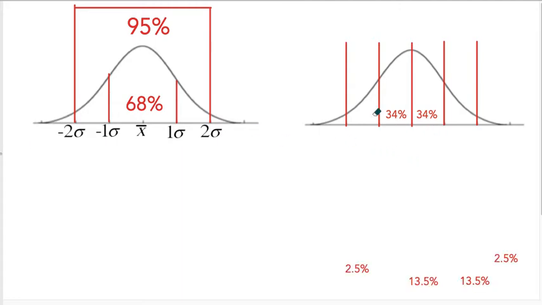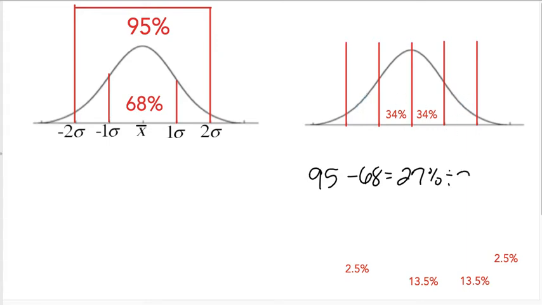And then moving on, we can say, okay, if this whole chunk was 95%, we could take 95 minus the 68, and that leaves us with 27% for both this section and this section.